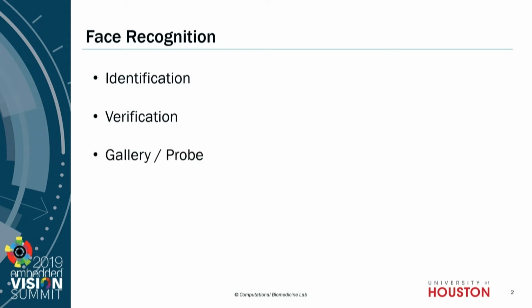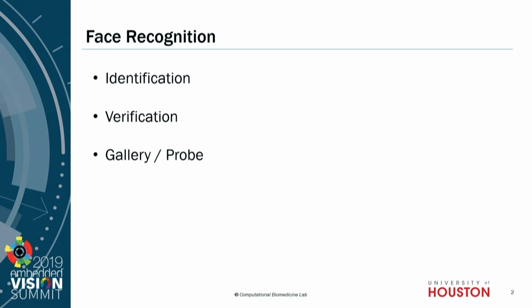Usually in the process, we talk about a gallery, which is a database of all the data that we are interested in, and a probe dataset. This is the dataset to which we want to assign a label. Notice that I use the word dataset because you may have one image, many images, videos, or a mixed set.